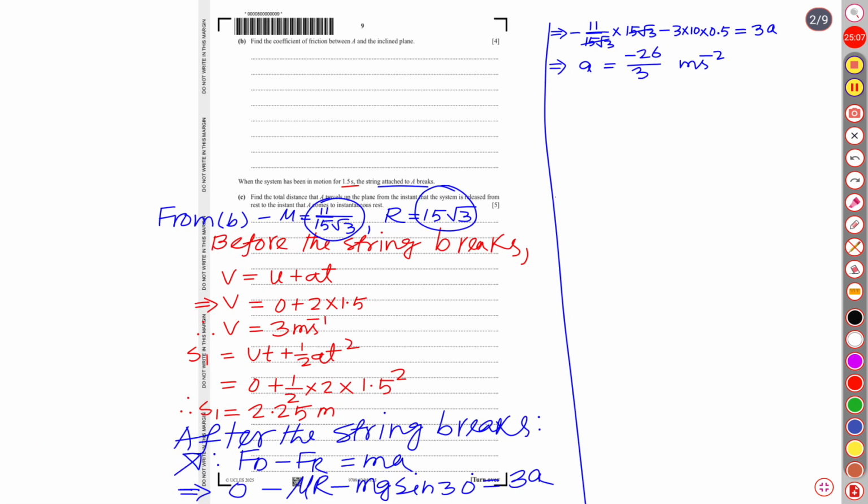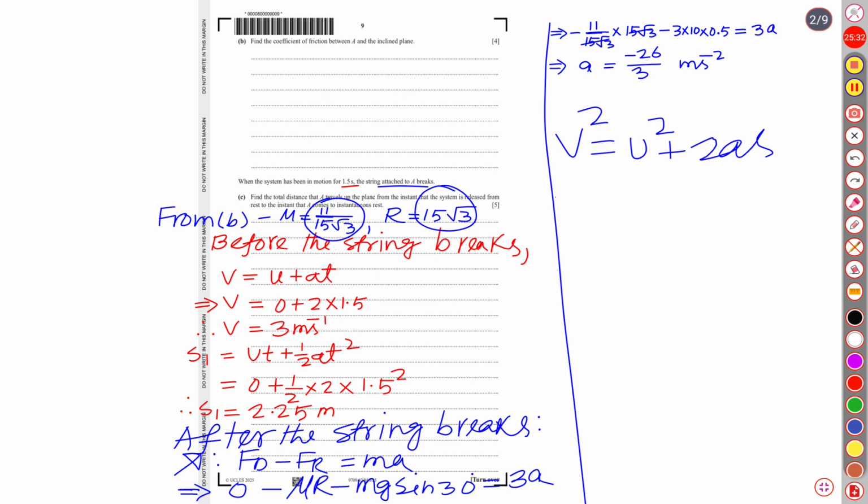So using this acceleration, we can find the displacement after the string breaks. We are going to apply the equation of motion: v squared is equal to u squared plus 2as.